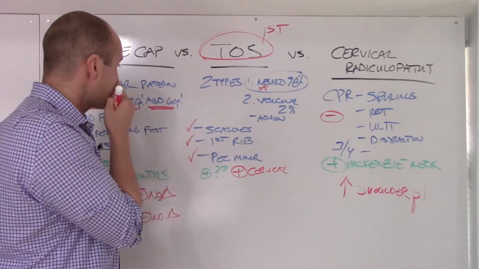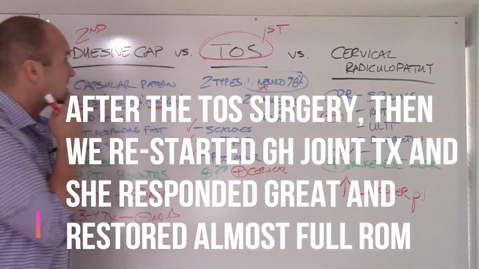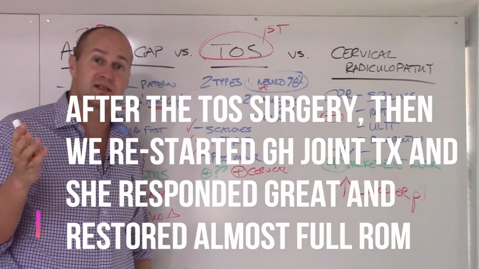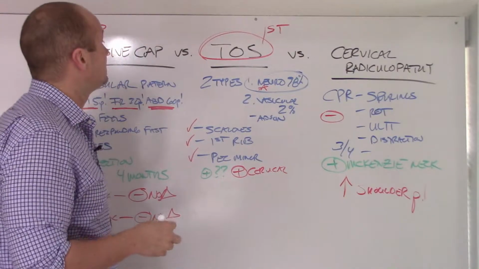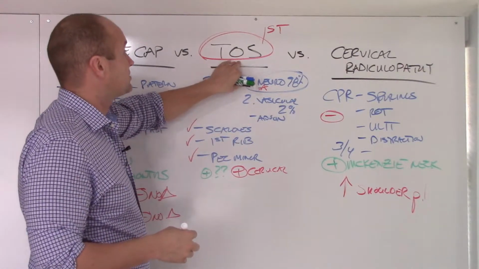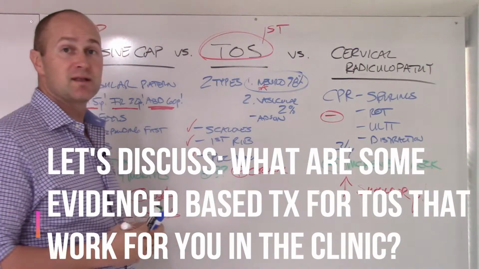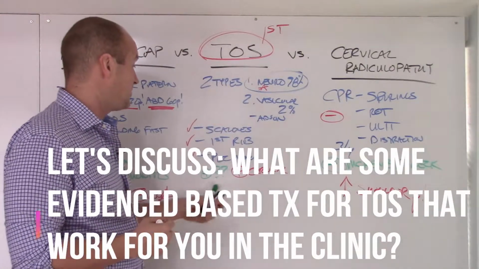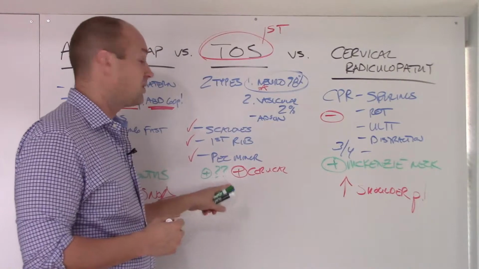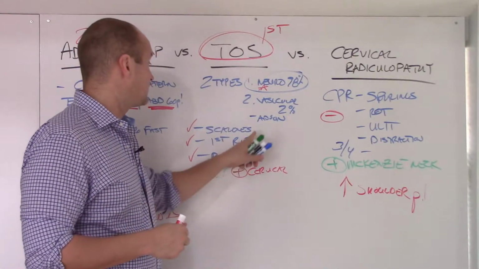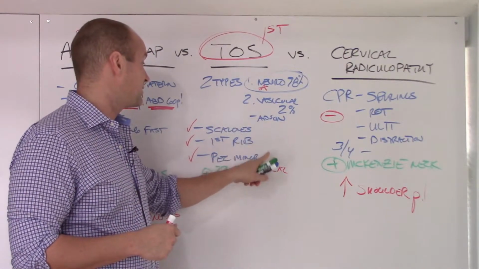Okay? So my question, what I want to create an excellent discussion with this, is what are some evidence-based ways to treat true thoracic outlet syndrome? Should we be doing some nerve glides? What have you guys been doing to really treat the scalene muscles, first rib, pec minors?